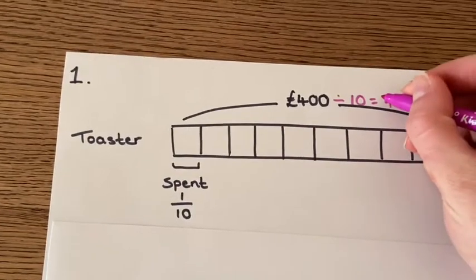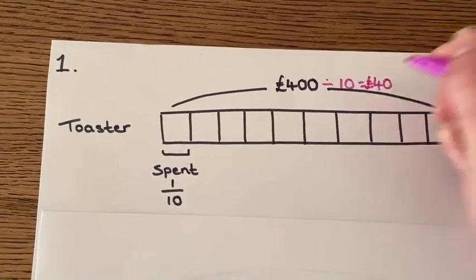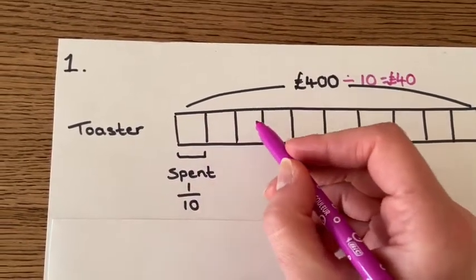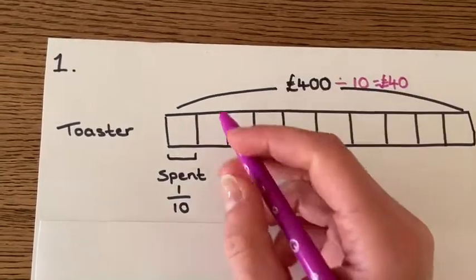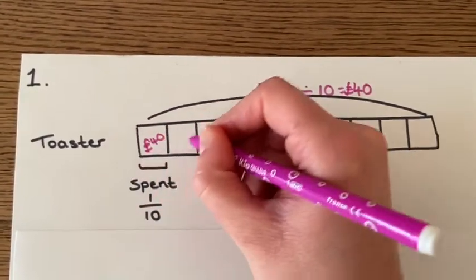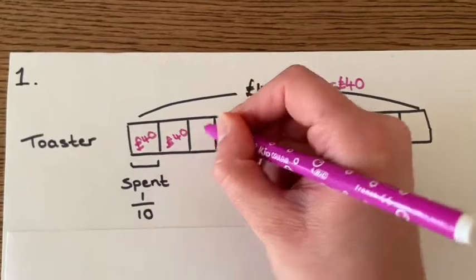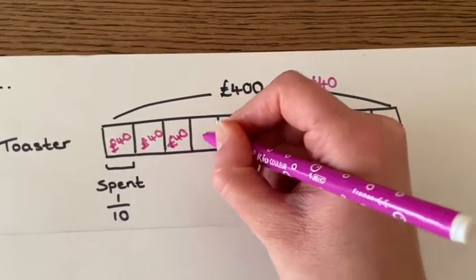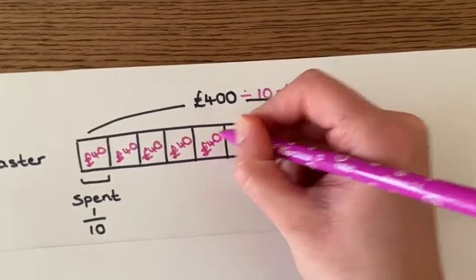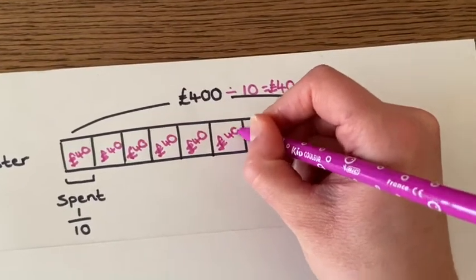Now I need to remember my unit of measure in pounds. So that tells me that each equal part of my whole is £40. So I could go and fill that in. I'm going to do that very, very quickly. So while I'm doing this, think about what this tells me about the amount she spent on the toaster.